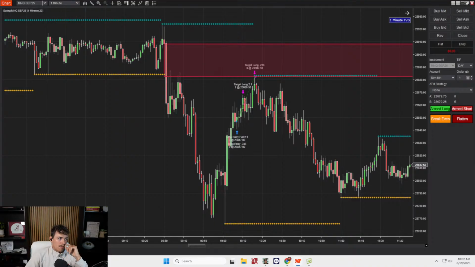ES is way more bullish than NQ this morning. ES is way more bullish. ES is touching a 1 hour fair value gap again. This is where it's rejected previously.